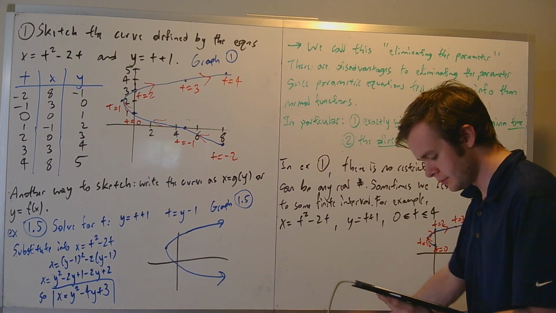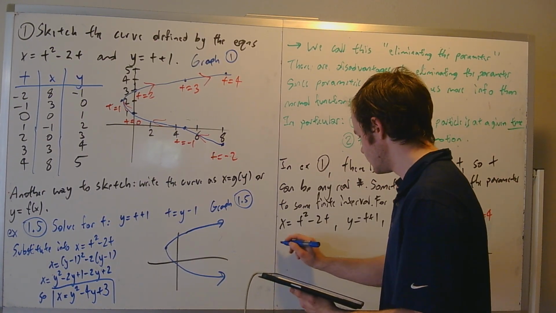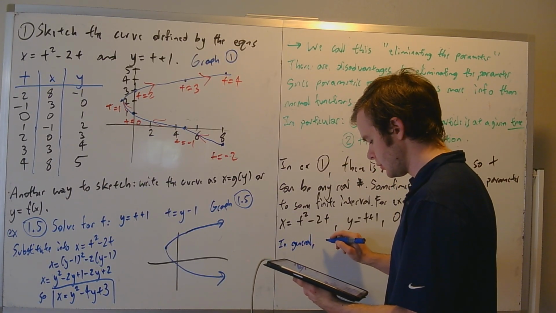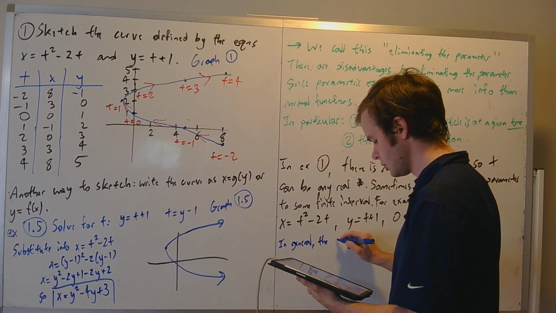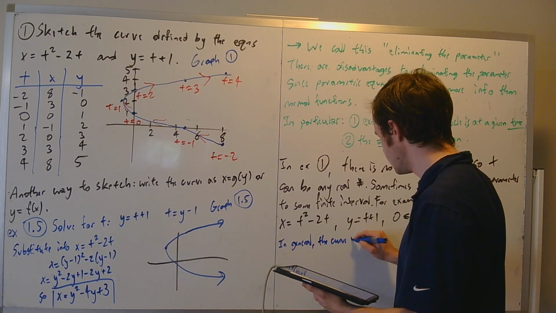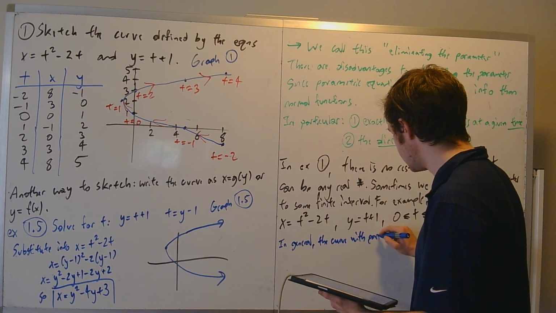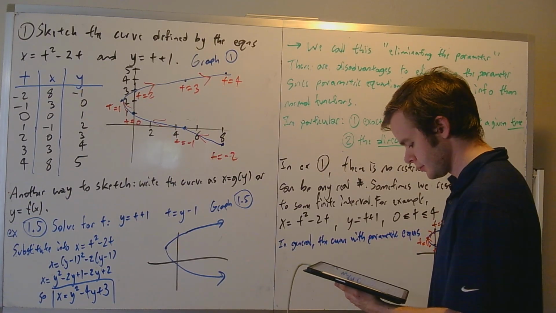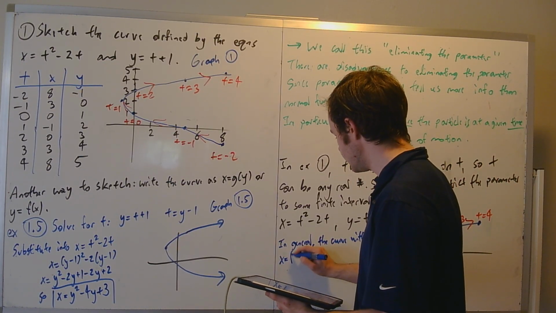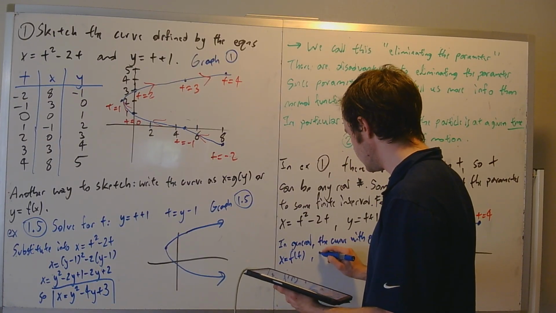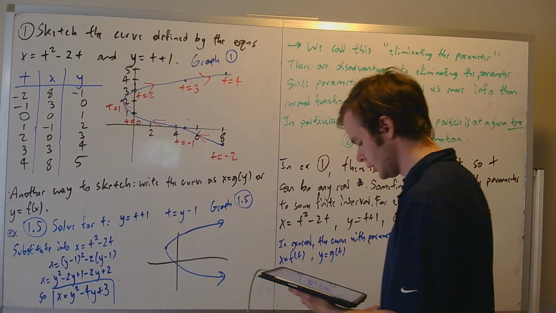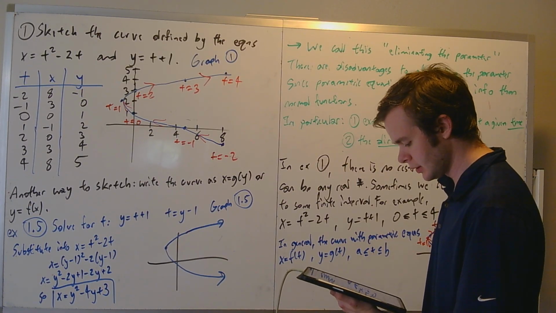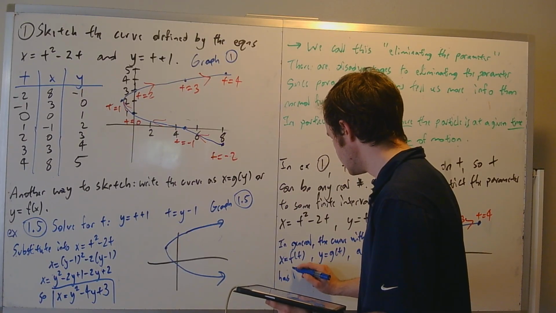And in general, the curve with parametric equations x equals f of t and y equals g of t, where a is less than or equal to t is less than or equal to b, has the initial point.